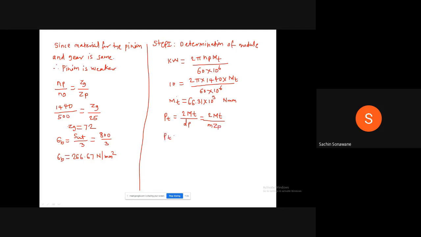Therefore, PT is equal to 2 into 66.31 into 10 raised to 3 divided by m into what is Zp? 25. Therefore, calculate PT in terms of module m and give this as equation 1.